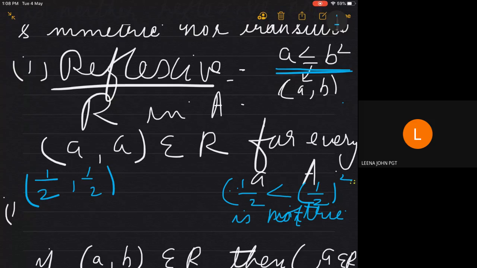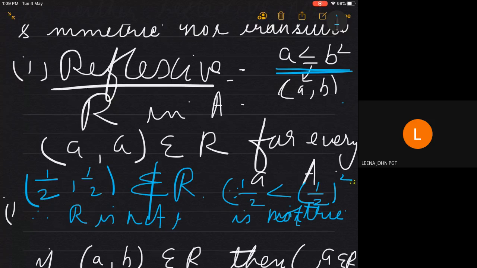That means (1/2, 1/2) is not an element of R. So 1/2 is not related to 1/2 itself, and 1/2 is coming from the mother set of real numbers. Therefore, we can write that R is not reflexive.